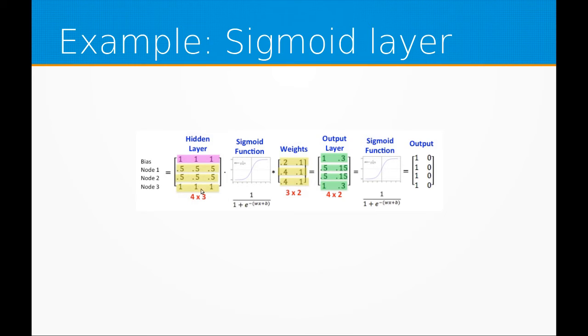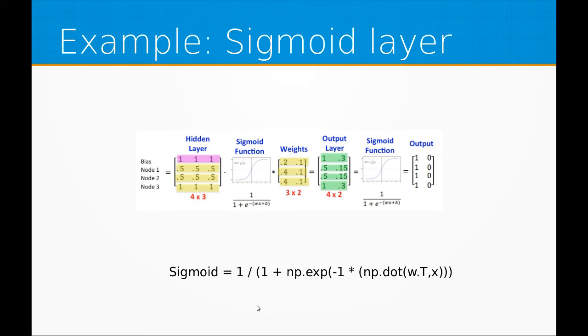Node 1, node 2, node 3, basically you're getting input from three neurons, and you have a sigmoid function over here, which is 1 over 1 plus e to the power minus (w transpose x plus b), where w is the weight of the sigmoid layer, x is these node 1, node 2, node 3 inputs, and b is the bias. So you have a multiplication over here, and then you have an output layer. You can run another sigmoid and then get the output.